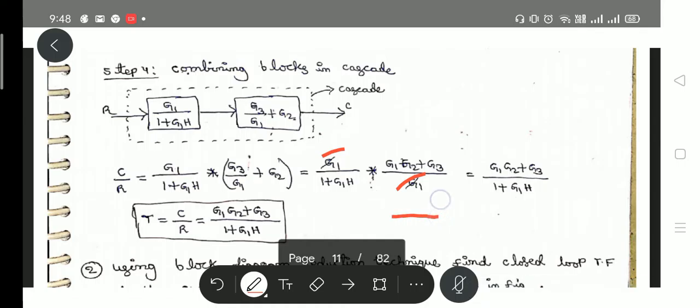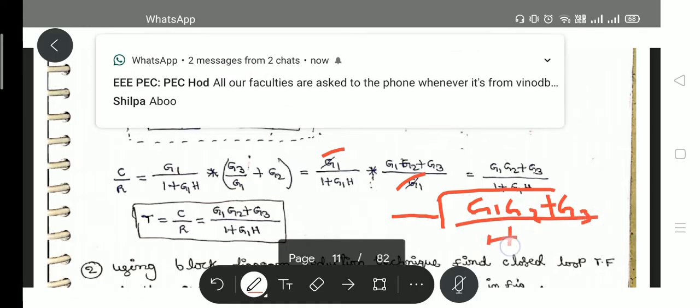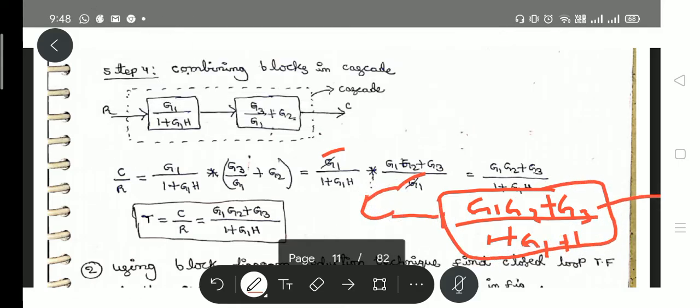This is the final transfer function. This is the R, this is the C. T is equal to C by R is equal to (G1 G2 plus G3) by (1 plus G1H).